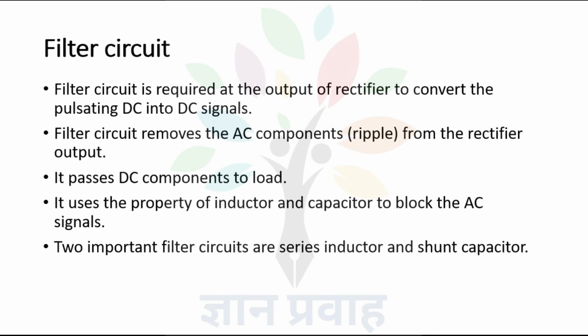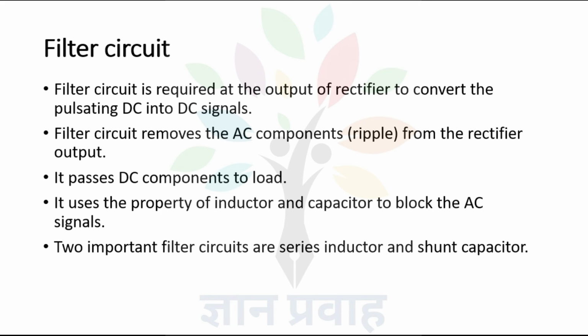So for making this DC signal more accurate, we require a voltage regulator circuit at the output of the filter circuit. The filter circuit removes the AC components, which is called ripple, and these AC components are present at the output of the rectifier circuit.